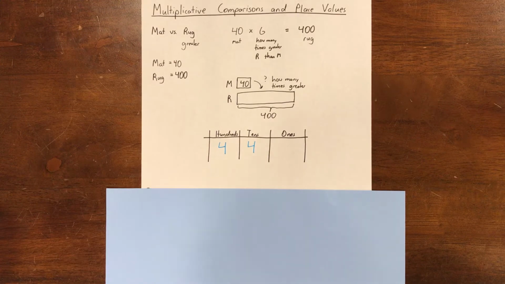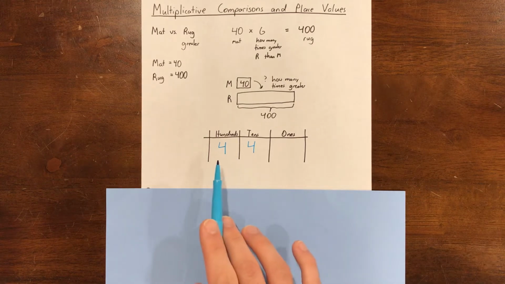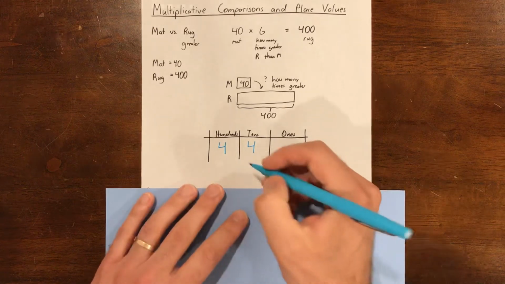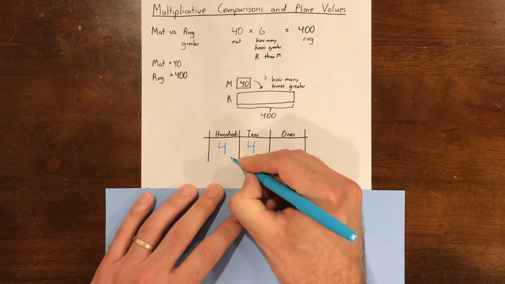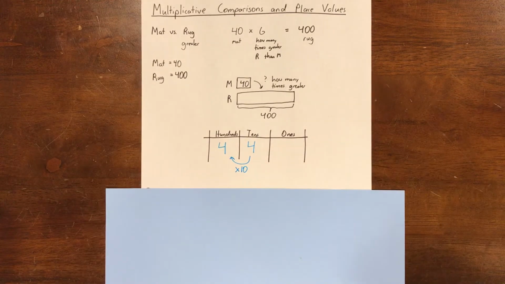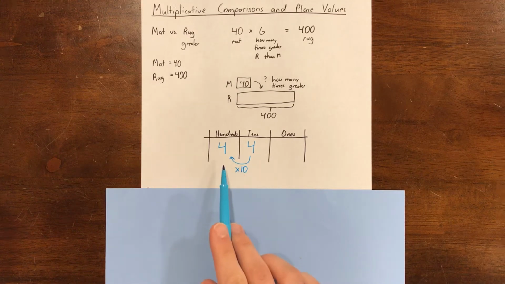Okay, great. So what would I have to multiply by to change the 4 tens into 4 hundreds? Say it out loud. Yeah, I'd have to multiply by 10. Why would I need to multiply by 10 to change the 4 tens to 4 hundreds?